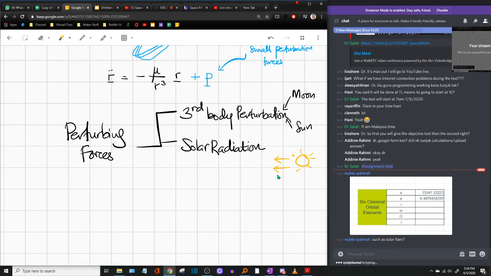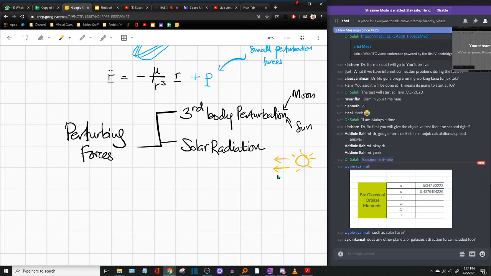Although it's not much, over time, when these small forces are acting on your spacecraft, it will change your orbital elements bit by bit. Usually solar radiation will affect satellites on higher orbits. So if you're on low Earth orbit, you probably don't need to worry about solar radiation that much.